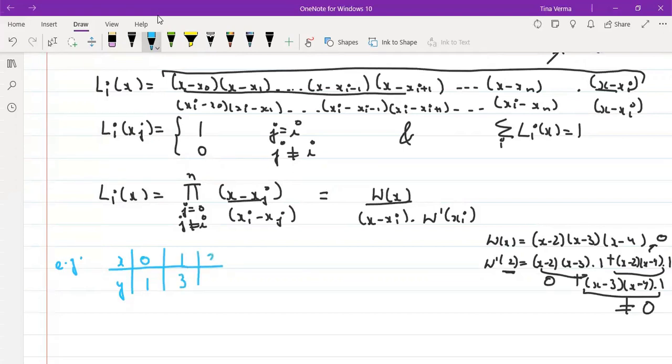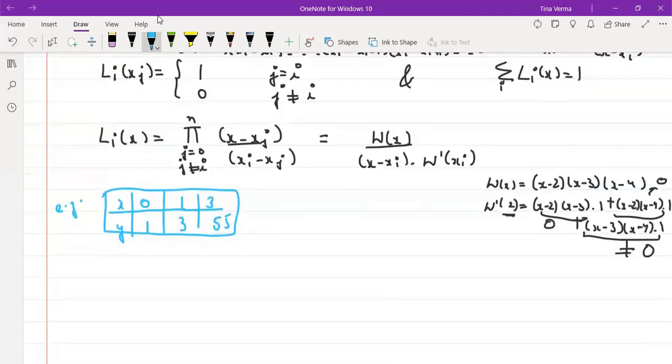And x is 3 and the value is 55. So you have to fit your Lagrange interpolating polynomial to this data. So you have a total of n plus 1, here 3 points. What will be the degree of pn(x) at most? 2.